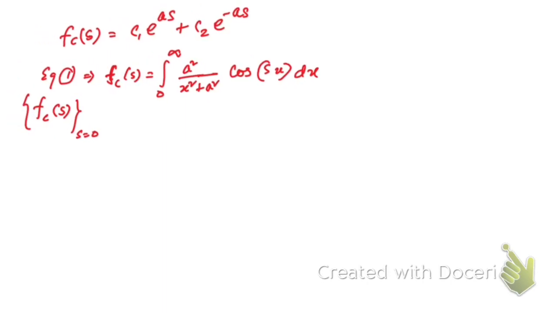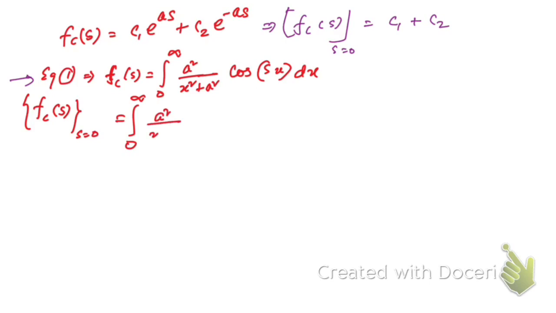So these are the things we have got, and from here we can write that fc of s at s is equal to 0. If you put s is equal to 0, then you are going to have c1 e to the power 0, which is 1, then again c2. And from equation number 1, if you put s is equal to 0 here, cos 0 is 1, that's why we are going to have the integration from 0 to infinity of a square by x square plus a square dx.